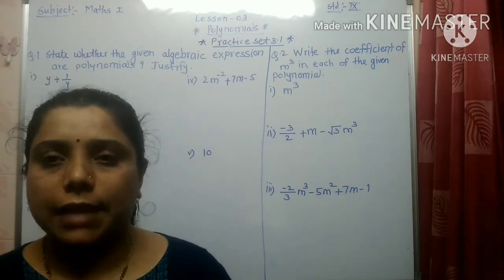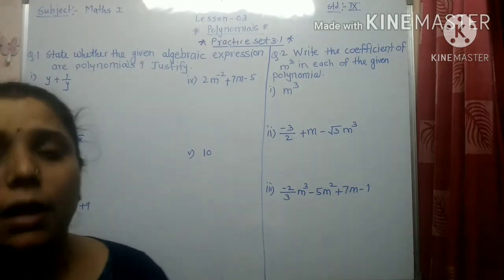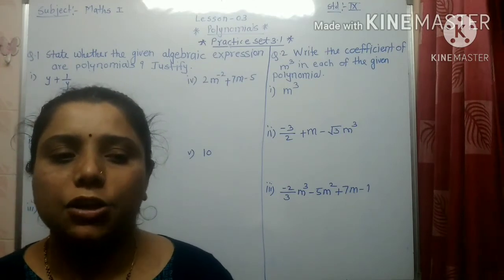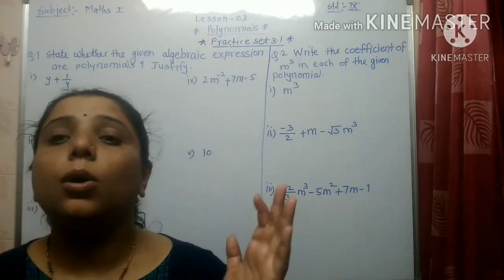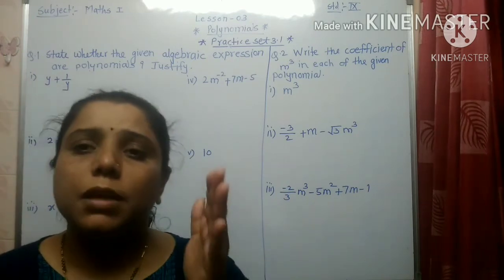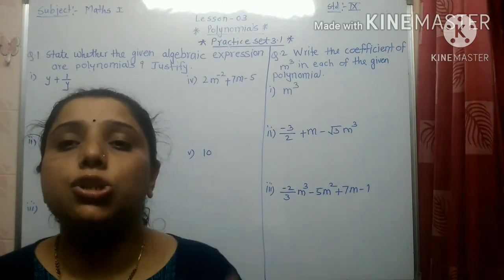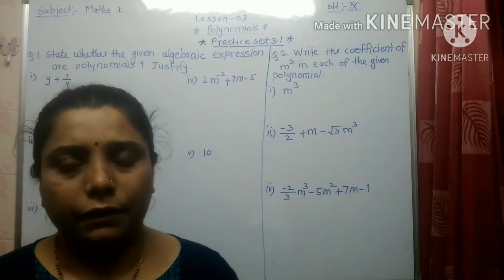The second condition is that the power of that particular variable is always a non-negative integer. Non-negative integer means a whole number, which starts from 0, 1. So the power of the variable should not be negative.